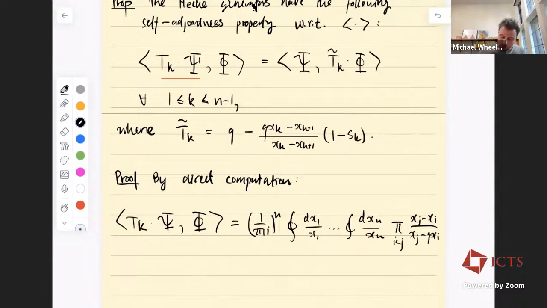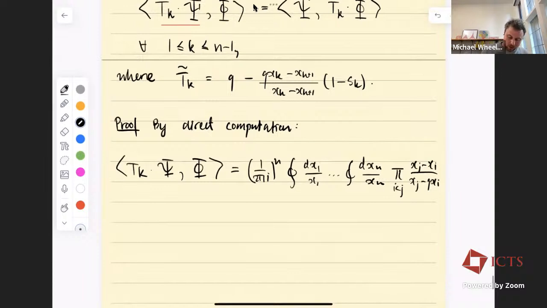And then you have the explicit action of the Hecke generator on psi, which has the following form.